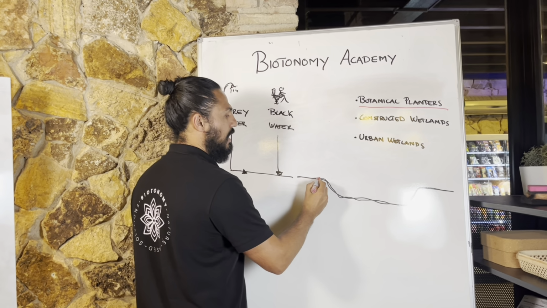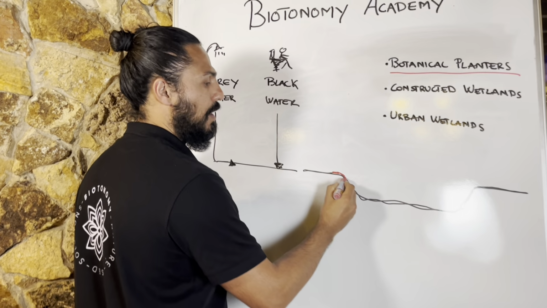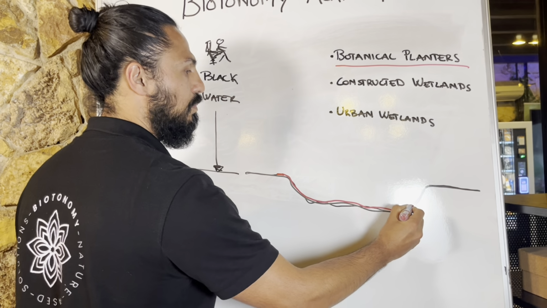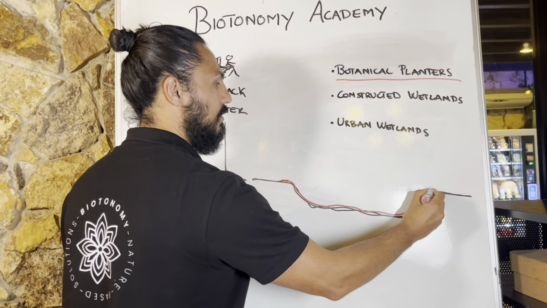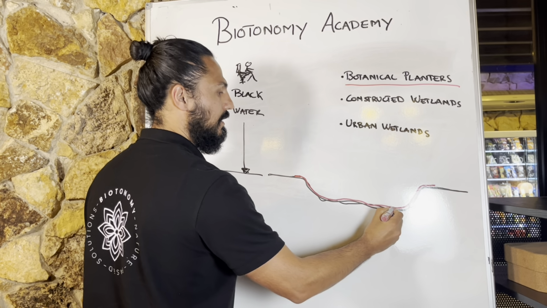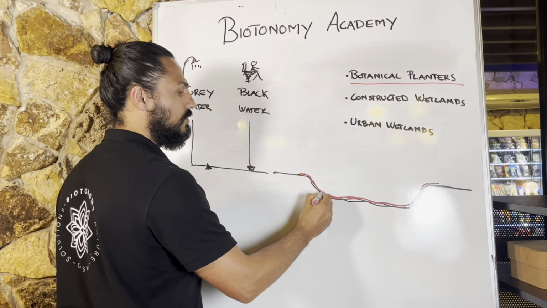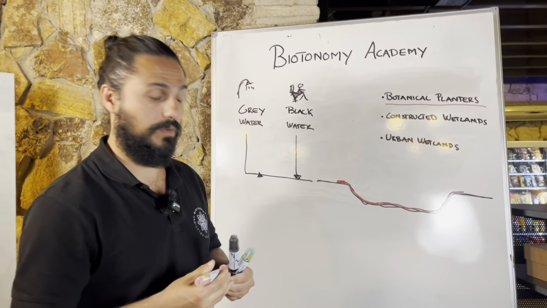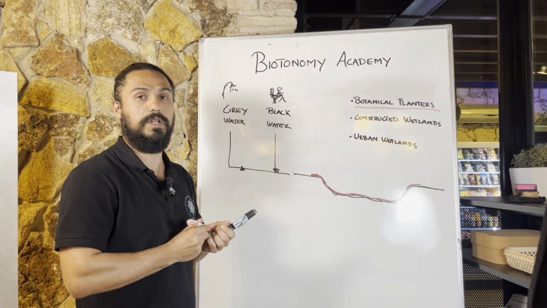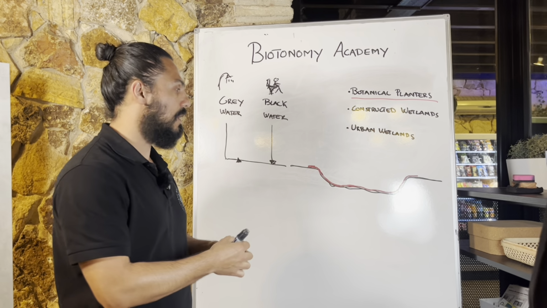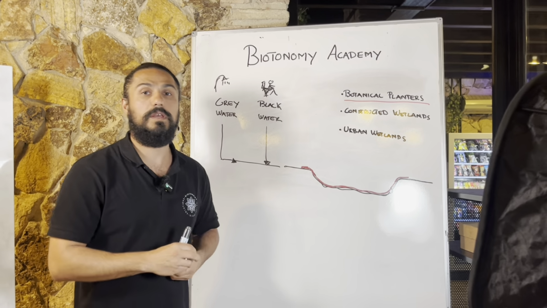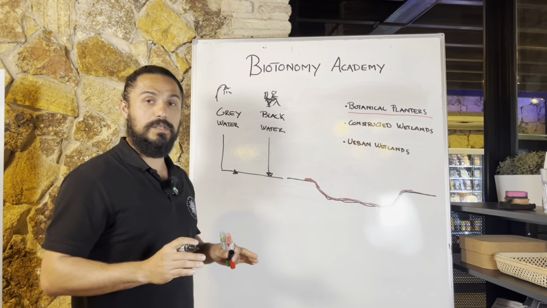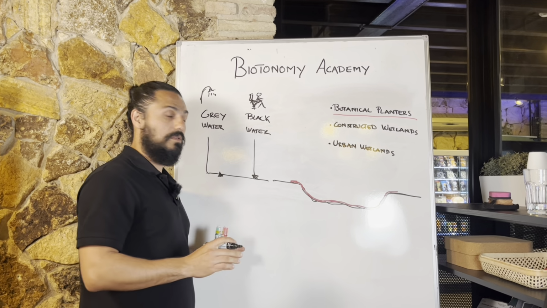And so it's very similar to a botanical planter. It has a pond liner, just like the botanical planter does. You can use any kind of pond liner that can contain the water. So it's very important to contain the water so it doesn't seep out into the natural world before it's treated. So what we do here is there is basically only rocks and gravel in this.